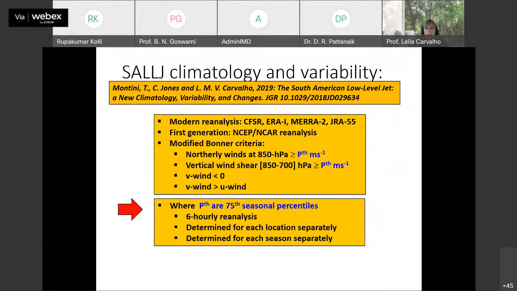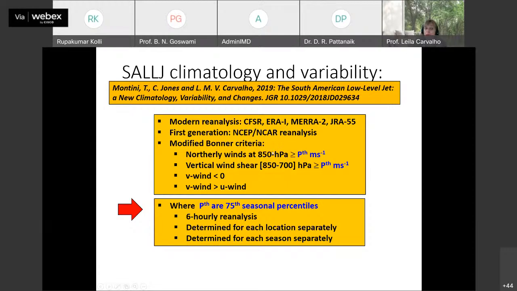But before I talk about that, I need to briefly discuss how we calculate, how we found out about the jets. So we used 5 reanalyses. We used the Bonner criteria, which is the criteria that has been proposed for the United States to define the low-level jets.